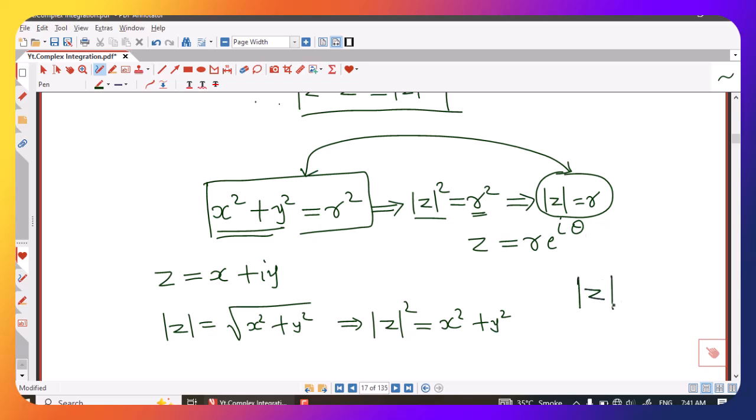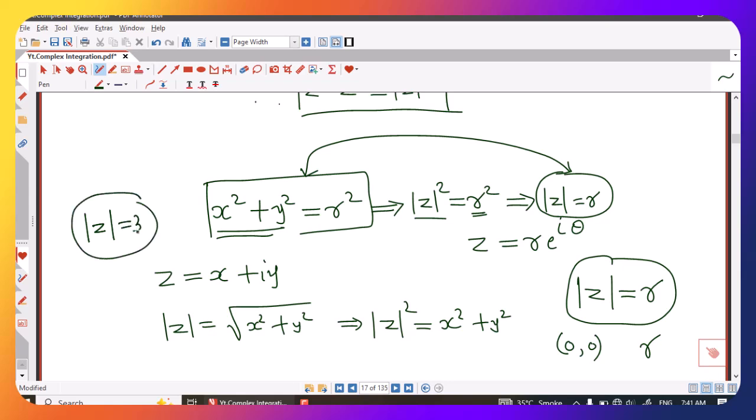So this is another representation of the circle with center origin and radius r. Whenever we write absolute value of z equal to r, this represents a circle with center 0 0 and radius r. If I write mod z equal to, say, 3, then this is the circle with center origin and radius 3, that is x square plus y square equal to 3 square, or x square plus y square equal to 9.